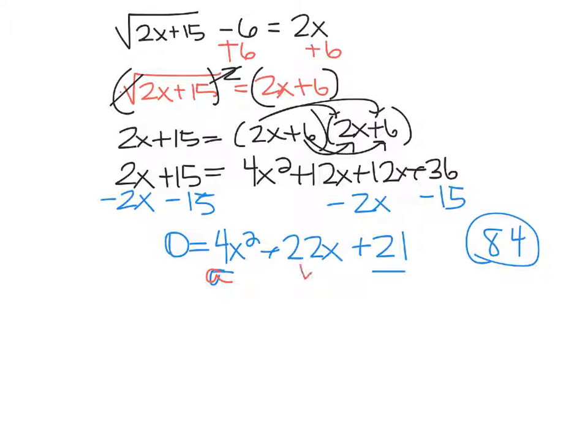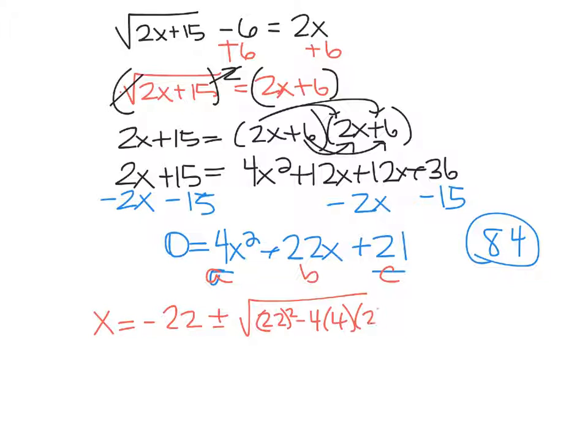A is 4, B is 22, and C is 21. So x equals negative b, that would be negative 22, plus or minus the square root of 22 squared minus 4 times a times c, so 4 times 21, all over 2 times a, so 2 times 4.